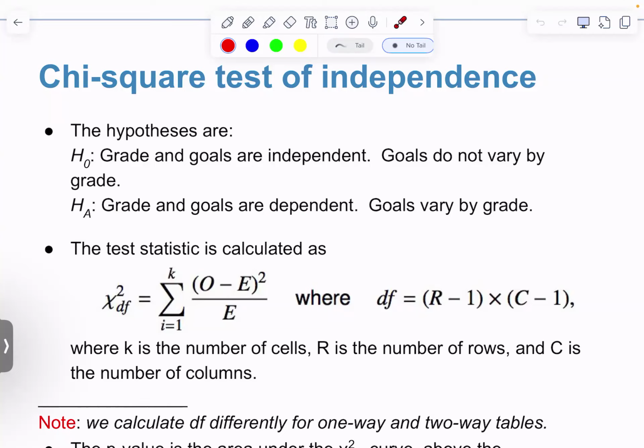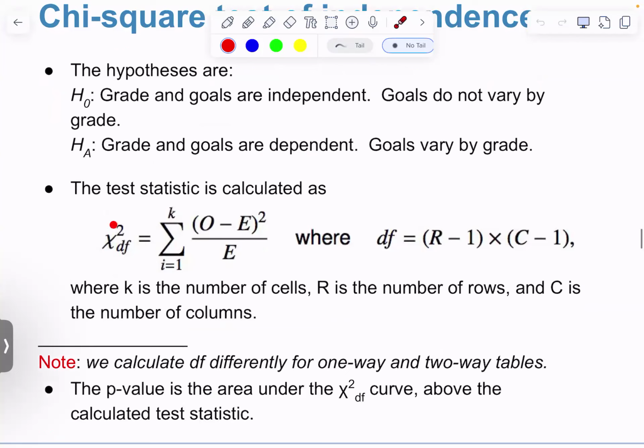So we've seen it, and sometimes to summarize a chi-squared, we put the degrees of freedom down in the subscript. I don't make you do that, but just so that you're aware of what that means, it just says chi-squared at this degrees of freedom, because that determines the shape. So the test statistic is calculated like this: observed minus the expected squared over the expected, add them all up. And we've already seen the degrees of freedom.